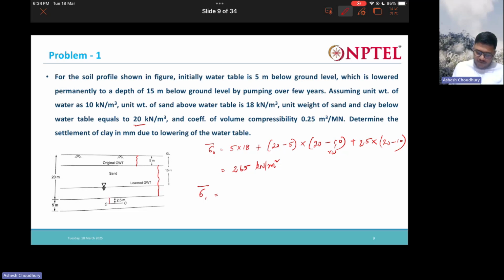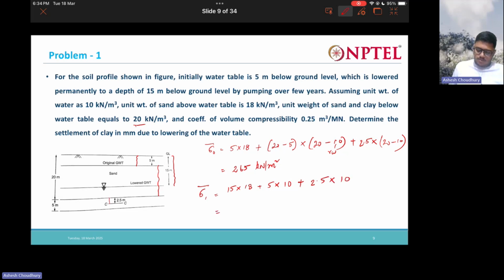So we have 15 into 18, plus 5 into 10, plus 2.5 into 10.